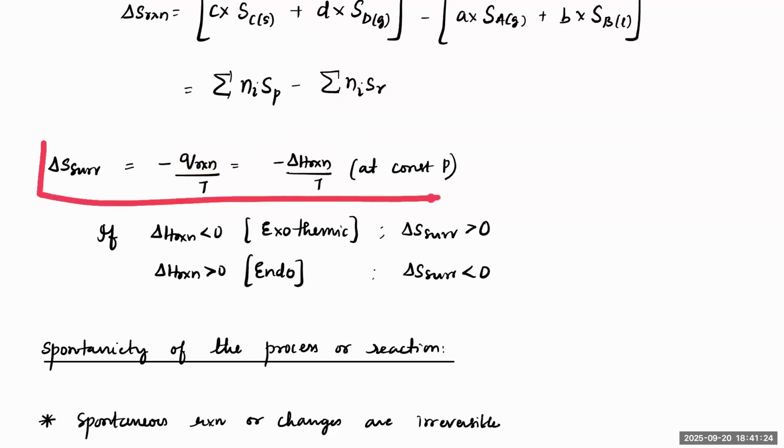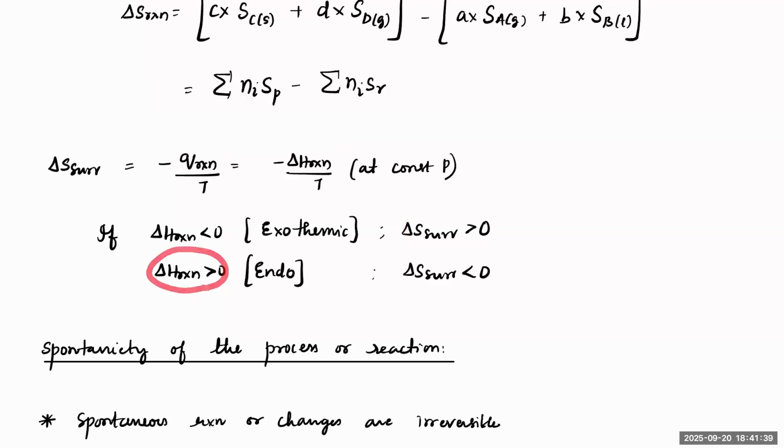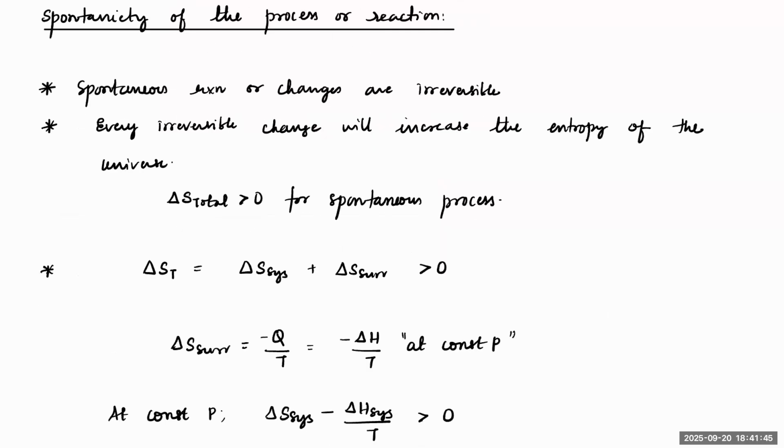So this is how we can write the delta S of the surroundings, and this is the delta S of the reaction, which is nothing but the system. And you can notice that if the delta H of the reaction is negative, the surrounding will be positive. If delta H is positive, the surrounding will be negative. Correct? I suppose this part is clear to everyone.